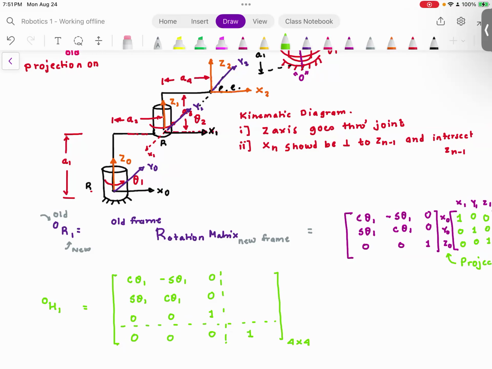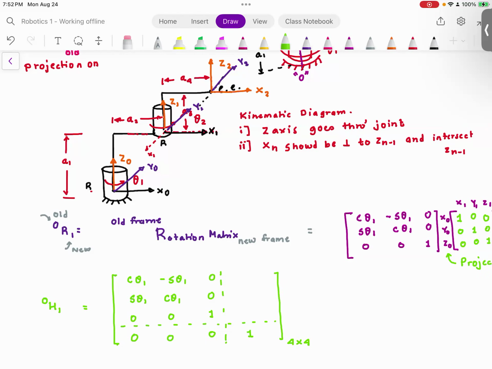So this homogeneous transformation is the relationship between the old frame and the new frame. I captured the rotation between the old frame and the new frame. Now I want to capture the translation between the old frame and the new frame.